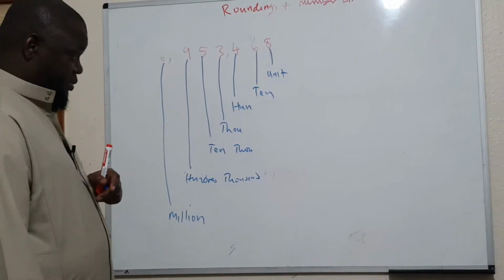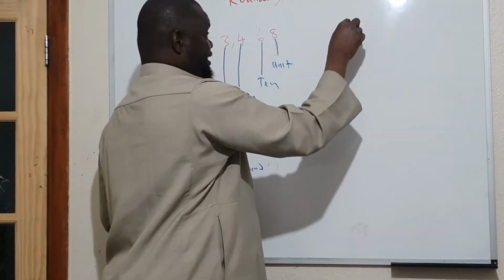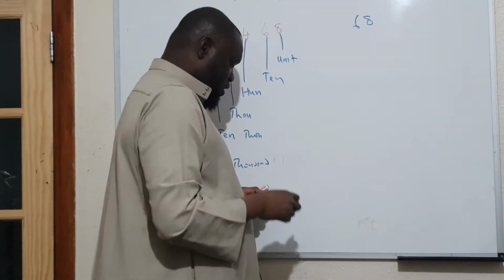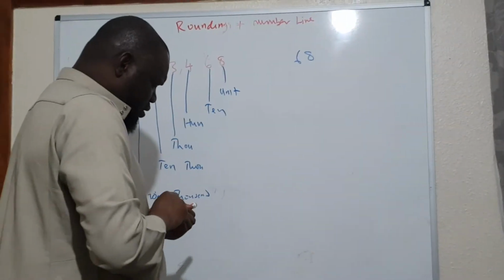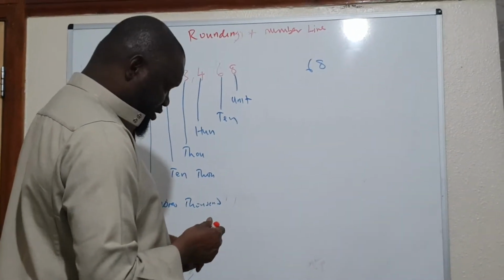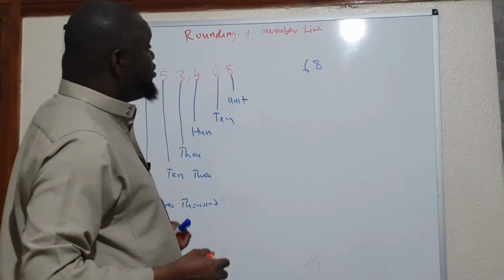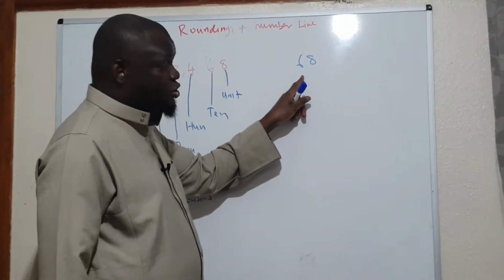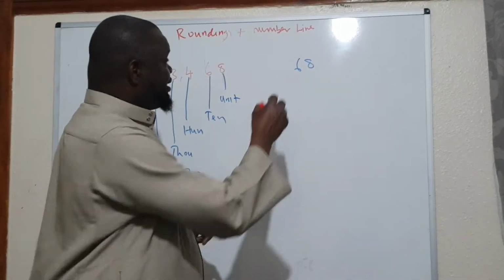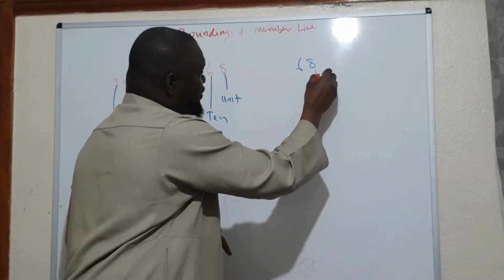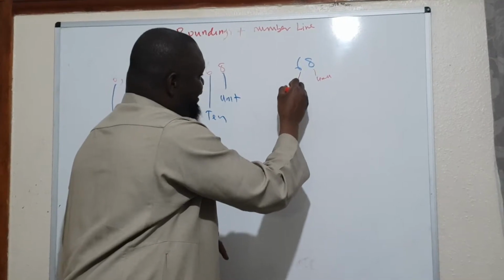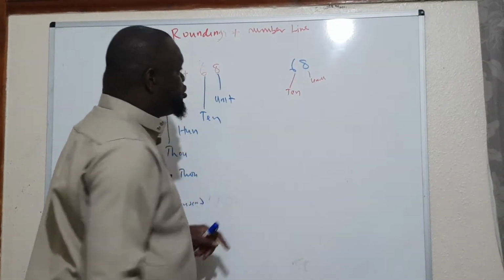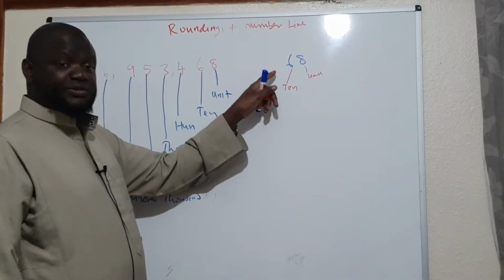Now, let's look at the first one, 68 to the nearest 10. People have different approaches. They tell you, if you are asked the nearest 10, you don't look at the 10s digit itself, because here 8 means unit and 60 means a 10. So if you see a 10, you are looking at the 6.